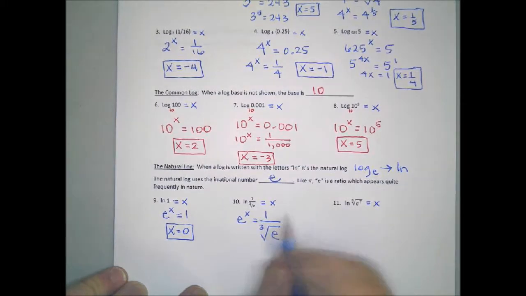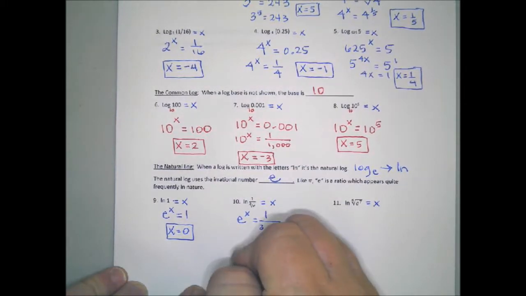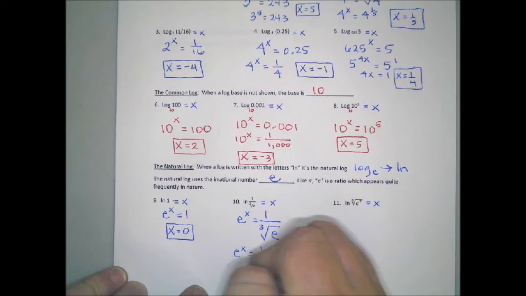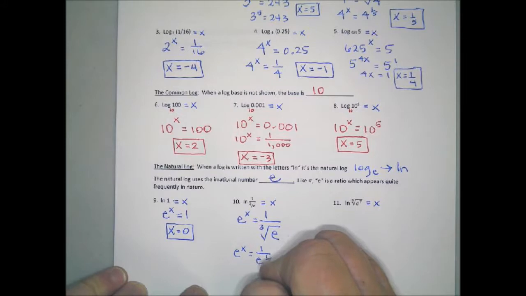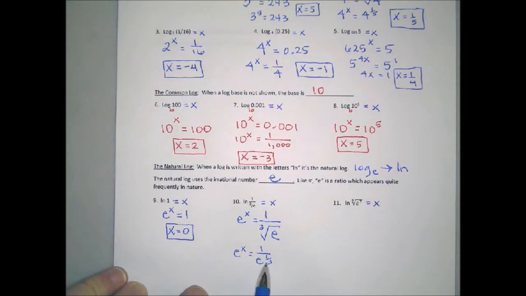Now I'm going to leave the left-hand side alone. e raised to the x power equals 1 over... Now I'm going to take this out of its radical form. The cube root of e is the same thing as e to the 1/3 power. And so what takes this e down there?